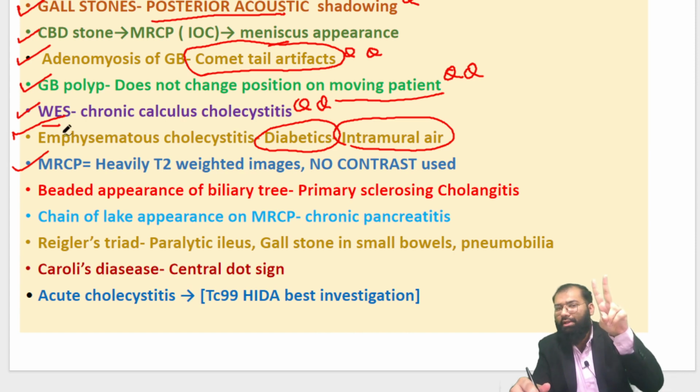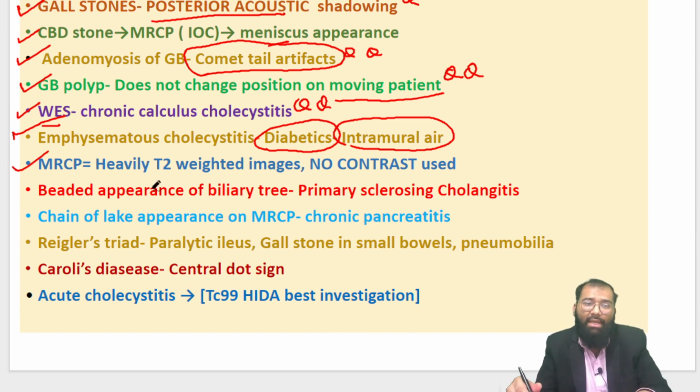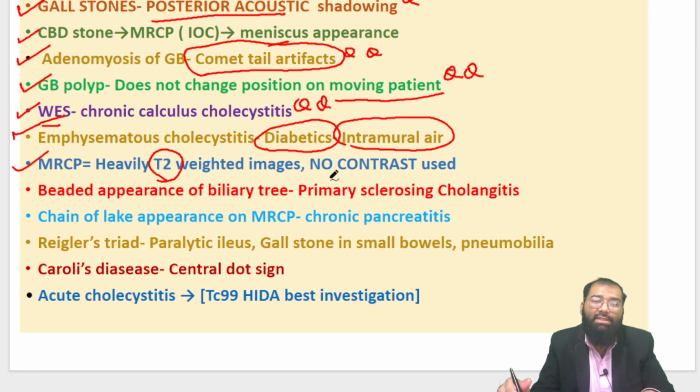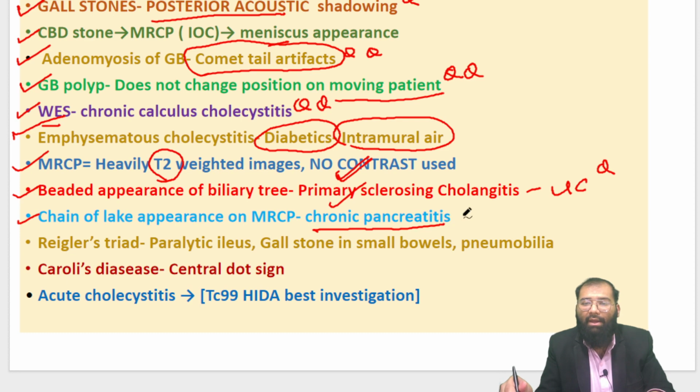MRCP, the most important things which you are supposed to remember: it's heavily T2 weighted imaging. Fluid is bright, so all biliary structures are bright and no contrast is used. Beaded appearance in biliary tree: primary sclerosing cholangitis, associated with ulcerative colitis. Chain of lakes appearance on MRCP: chronic pancreatitis.